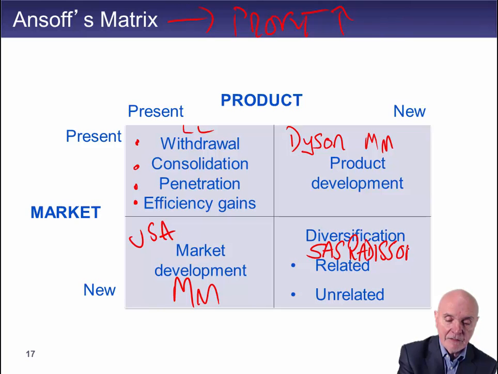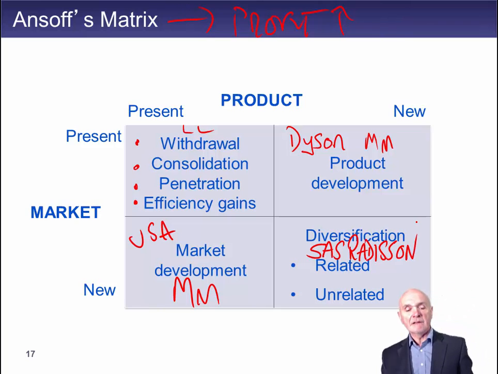Now SAS stands for Scandinavian Airline System. It's the countries of Norway, Sweden, Denmark and so on. That's their airline. And Radisson is a chain of hotels. I think SAS owns Radisson, SAS Radisson it's called.